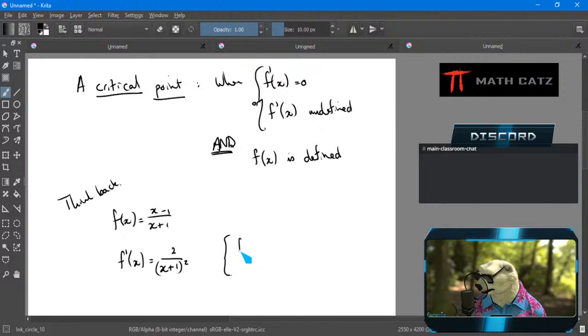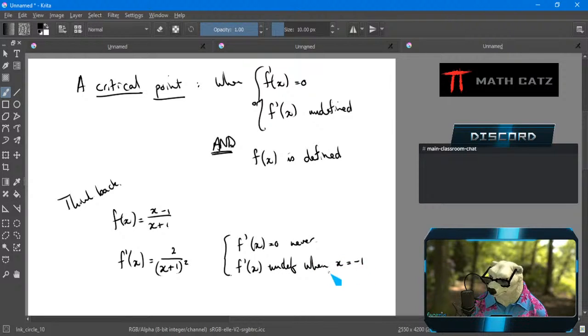So when we then set our derivative equal to 0, we found never. Our derivative undefined, yes, that was when x was equal to -1. This, however, is not a critical point because the function is not defined at x equal to -1.